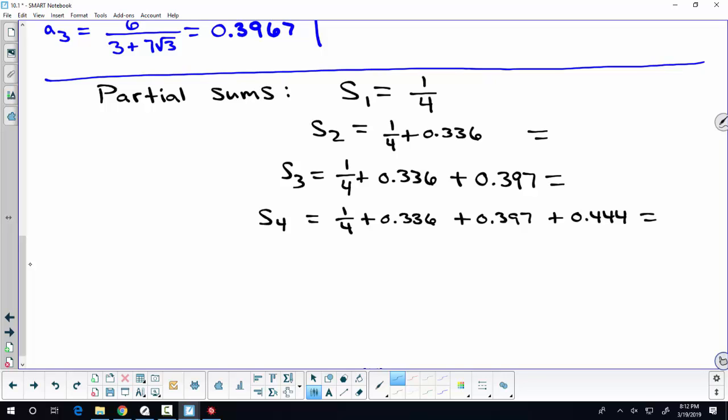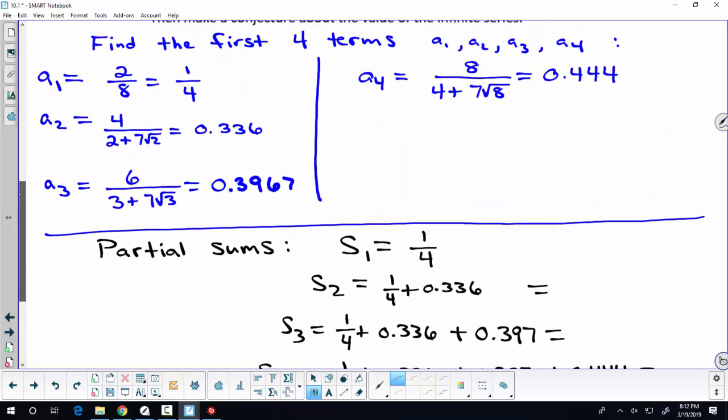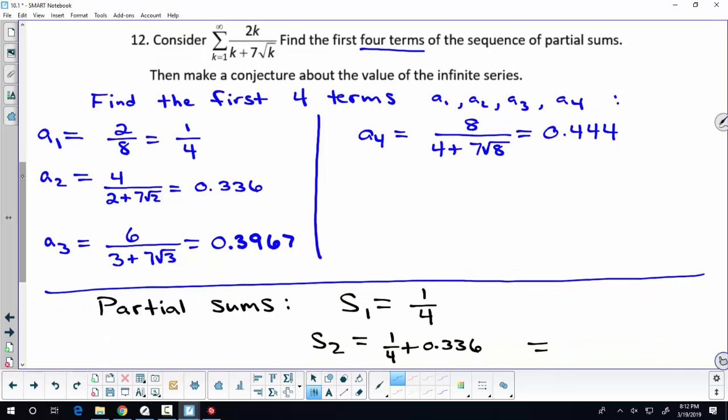Make sense? Partial sums? Just so you know, everyone, you did 4 plus 7 square root of 4.